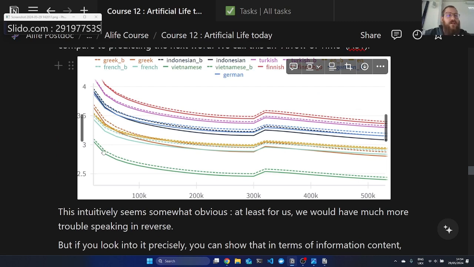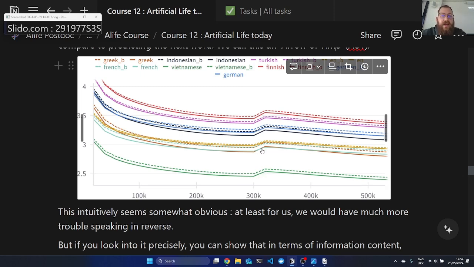So the y-axis is the loss of the model, the inverse of the score for people who are not in machine learning. The x-axis is the training, the number of training steps. The continuous lines are the models trained forward, and the dotted lines are the models trained backwards.